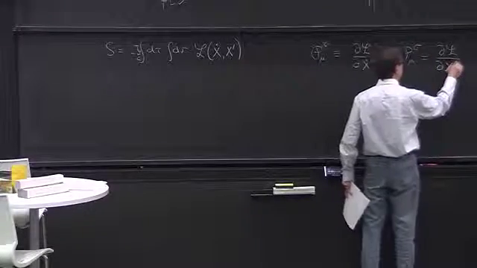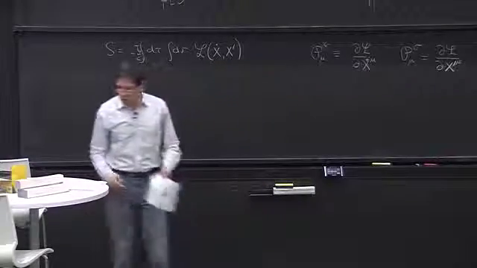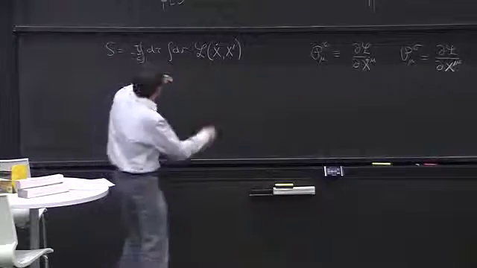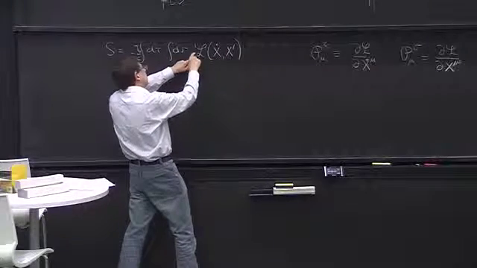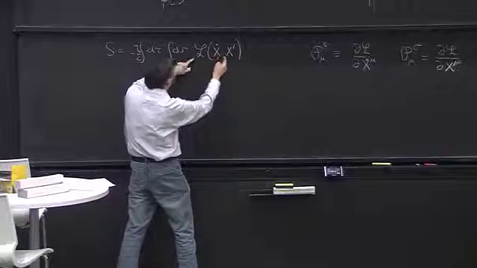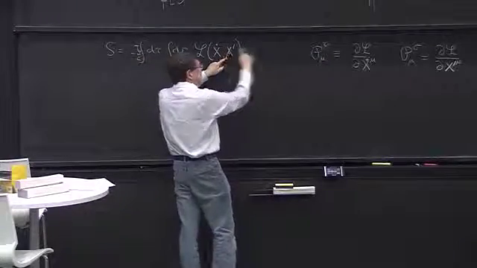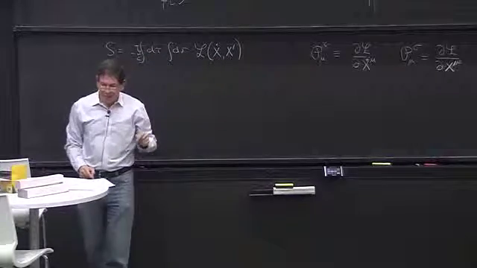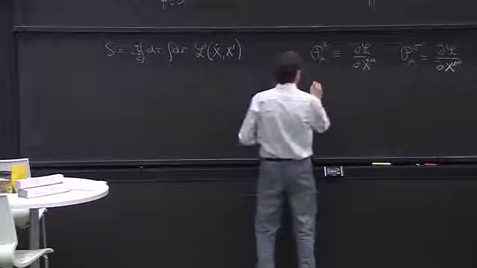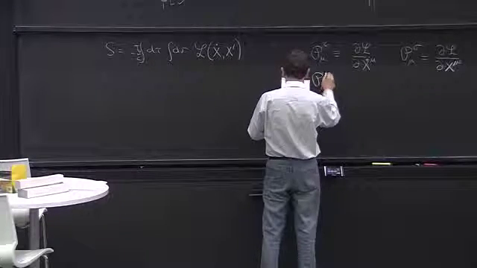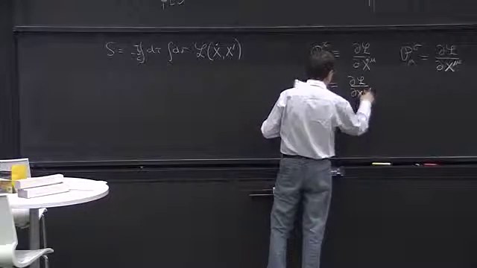So I'll put the sigma here and a mu there. So there's two types of things. Whenever you want to vary x, you will say, oh, I want to vary x, so I must differentiate L with respect to x dot and then vary x dot. That's why this quantity is useful, and this is why that other quantity is useful. So maybe I should do it like this. P mu sigma is dL over dx mu prime.